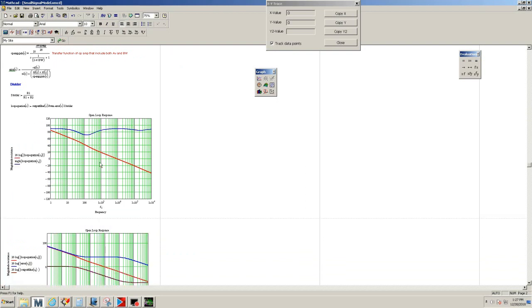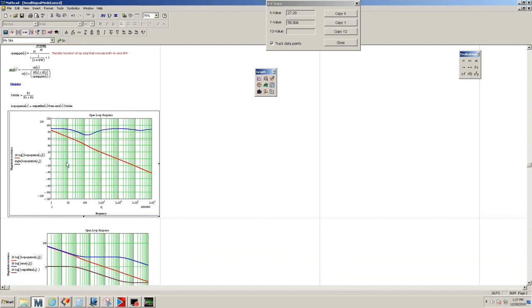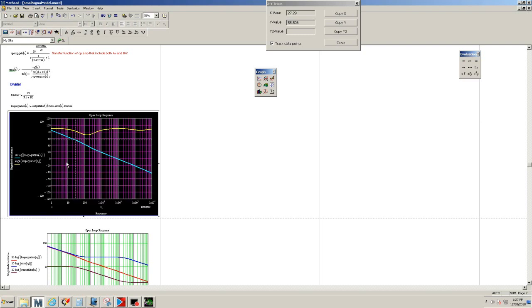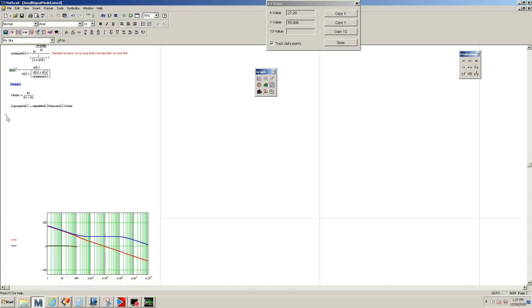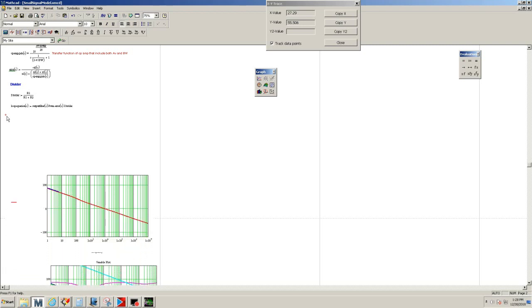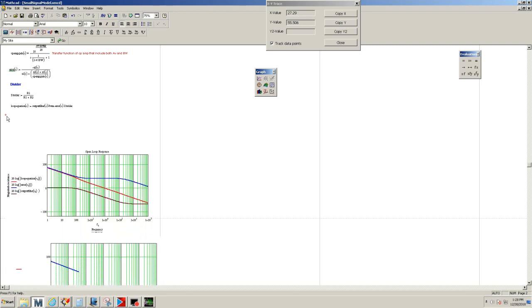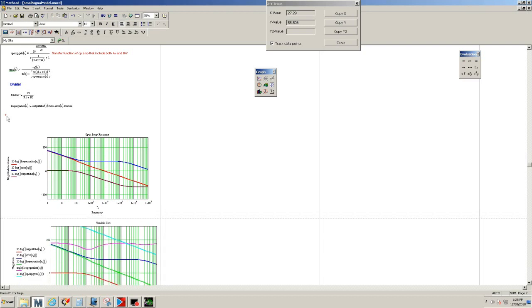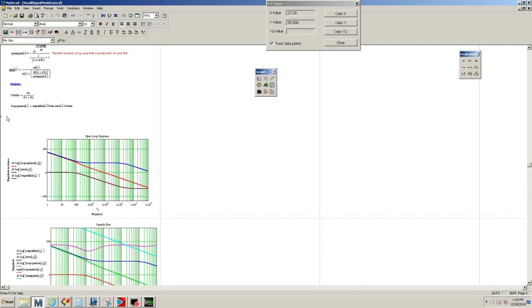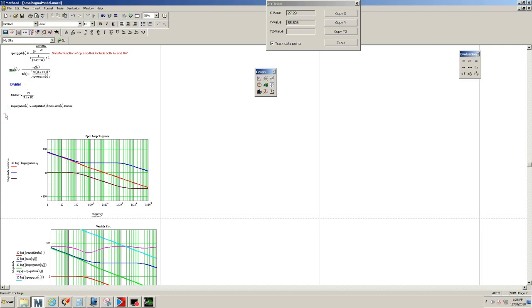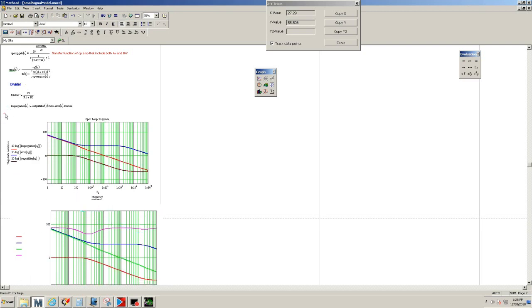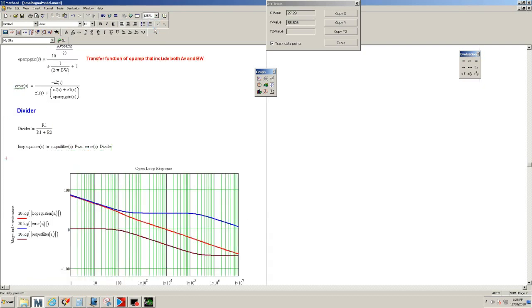Okay, I'll take this off. Bring this up. And this is the reason that I put the parameters due to the OpAmp, because the OpAmp has a big influence.